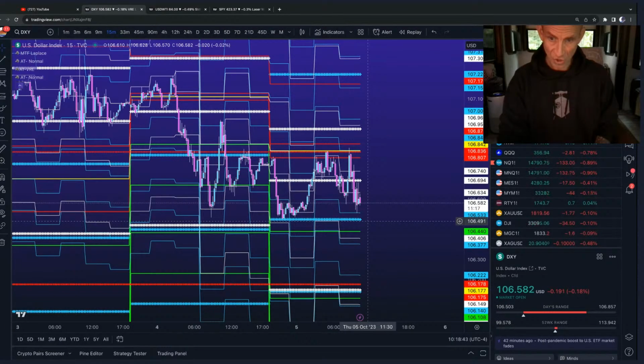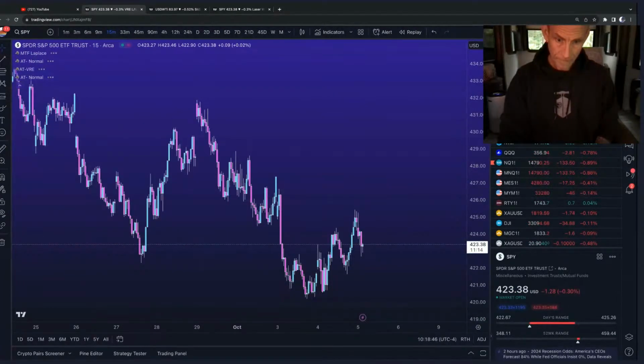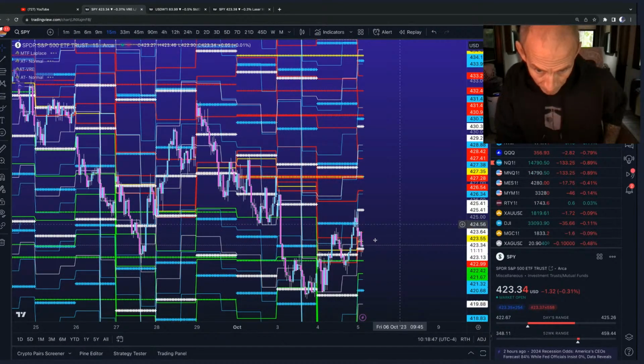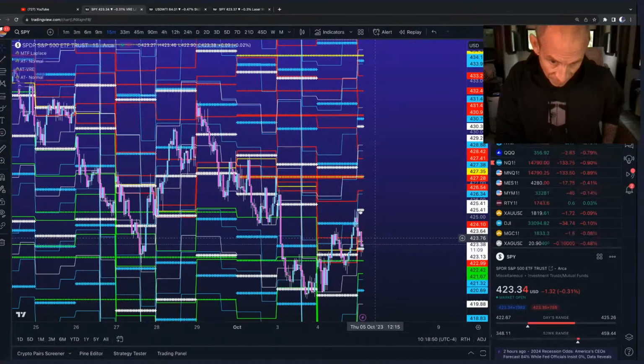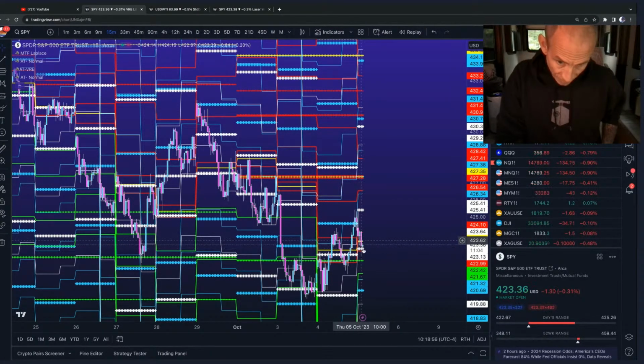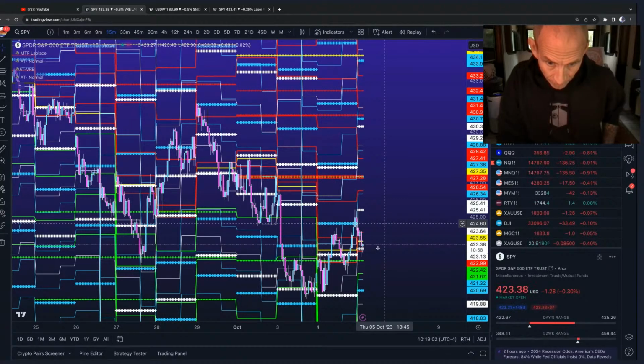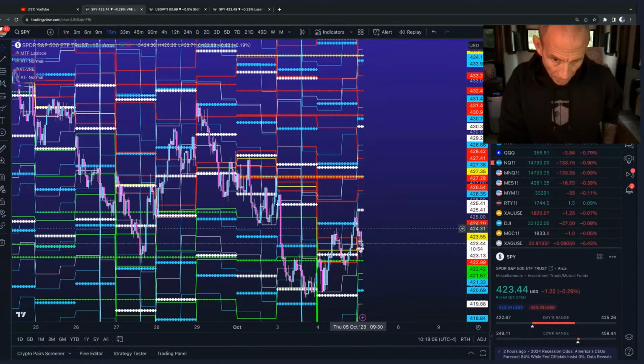SPY's trying a little bit. It is having issues with this daily range, and it's been in it pretty much since the open. It sent a wick up to the top side of the 68.3, but we haven't closed a candle outside the 68.3 yet. Just ranging. The first 2 15-minute candles, wick to the top side, wick to the bottom side.